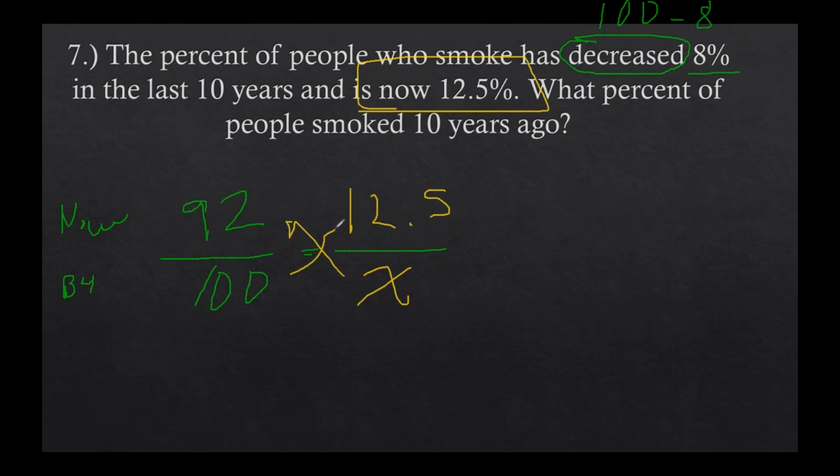You cross multiply and divide. It comes out to be roughly 13.6%, but of course, rounding appropriately, 14% would be fine. So roughly 14% of people smoked 10 years ago, and that's down to 12.5% now, which is a decrease of 8%. Okay, any questions? Absolute relative change, percent change, setting up proportions, anything like that?